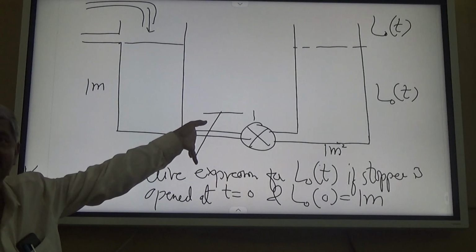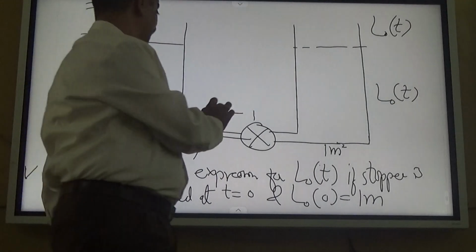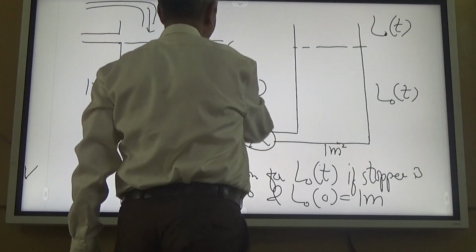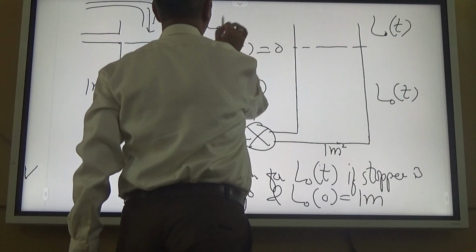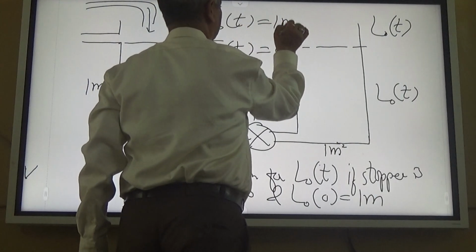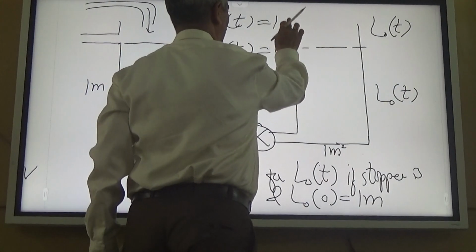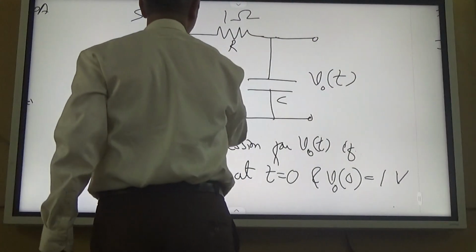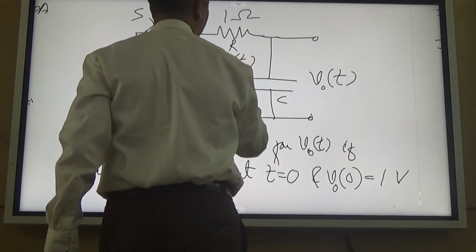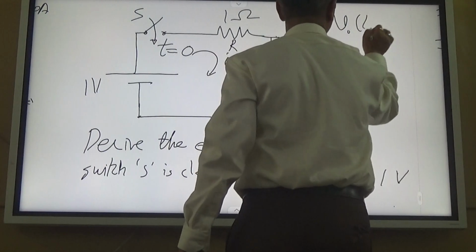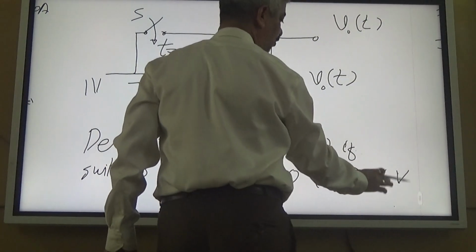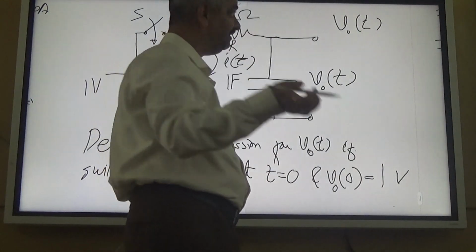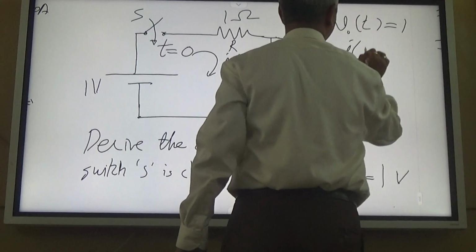There is no current. And now if we call the flow F(t), what will be F(t) in that case? 0, and L(t) as 1 meter. Right? So you need that as 1. Similarly, what we call I(t), right? What will be V(t) in this case? If V(0) is 1 volt, then V(t) will be 1 and I(t) 0.